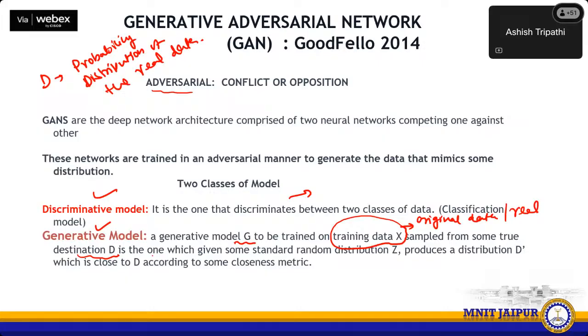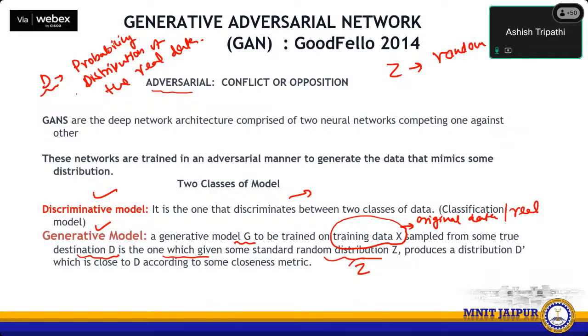And we will also have some other standard random distribution that is called Z. So what is capital Z? Capital Z is basically a random distribution, not the real one. I have taken some random probability distribution. And what is capital D?